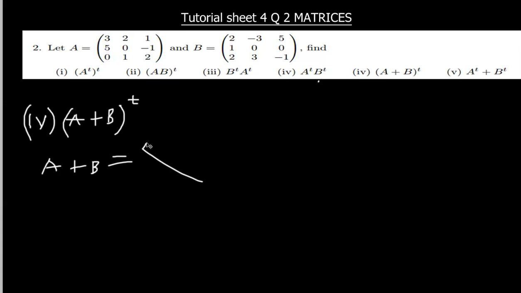3 plus 2, you get 5. 3 plus 2, you get 5, and then you have 2 plus negative 3, which is the same as 2 minus 3, which will give you negative 1. Then 1 plus 5, you get 6.